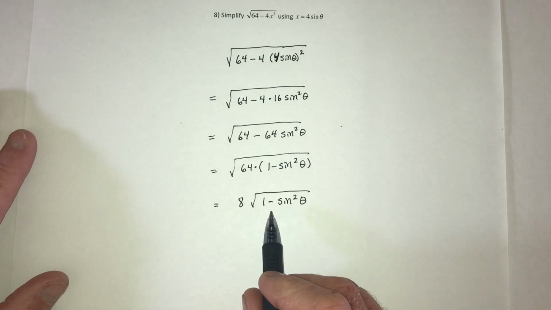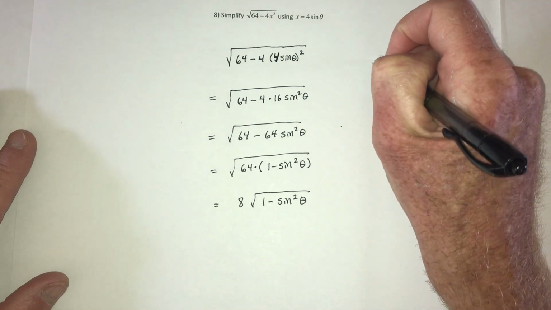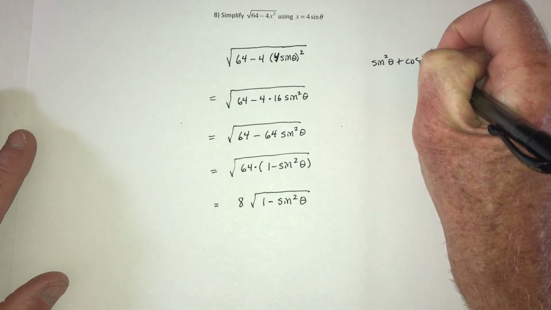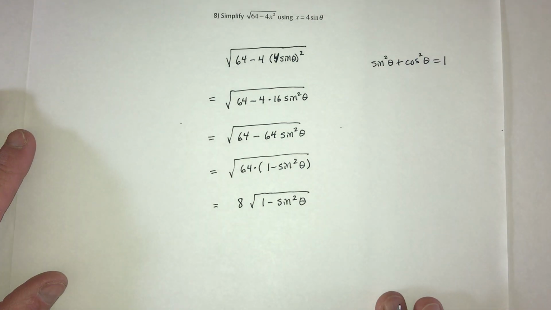Now this can actually be simplified because, as I showed in podcast number 6, sine squared plus cosine squared is always equal to 1.